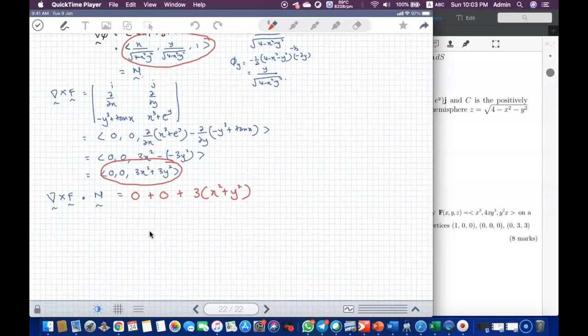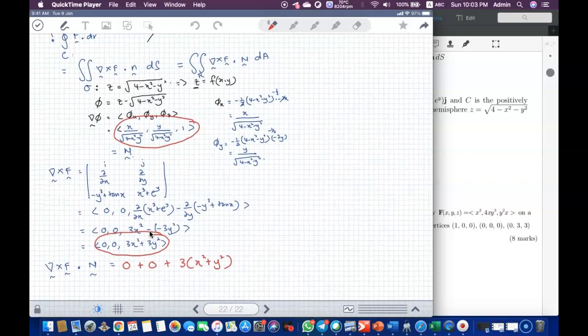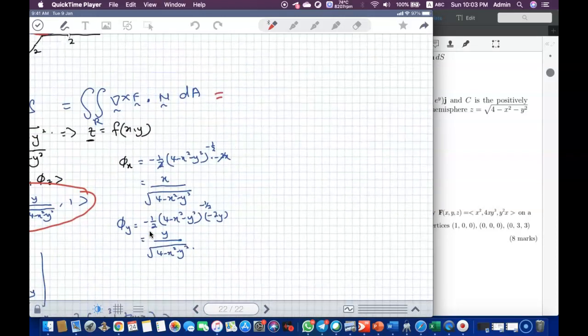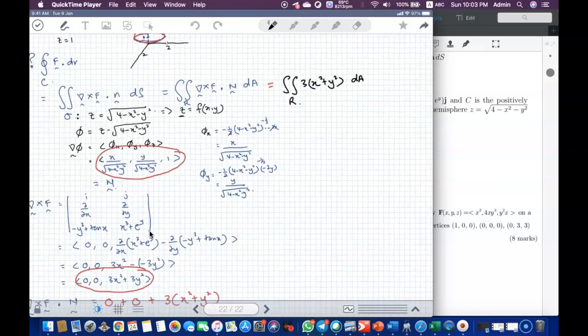So that is your result. You obtain the double integral of 3x squared plus 3y squared dA over the region R. Now it reduces to a double integral.